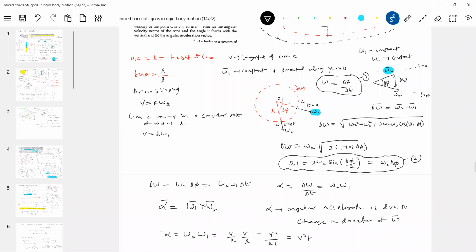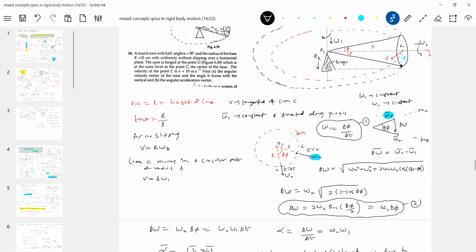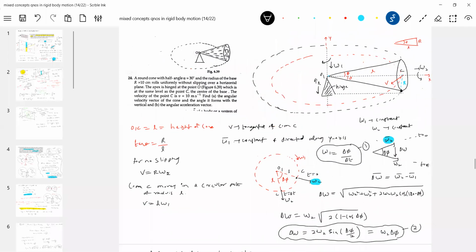So therefore alpha is V square tan theta by R. Will you agree? I think this was the data given for us, no? This is a magnitude. So why is this alpha? This alpha is due to change in direction of motion. So getting this one.